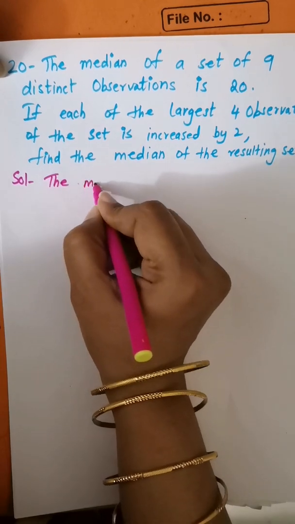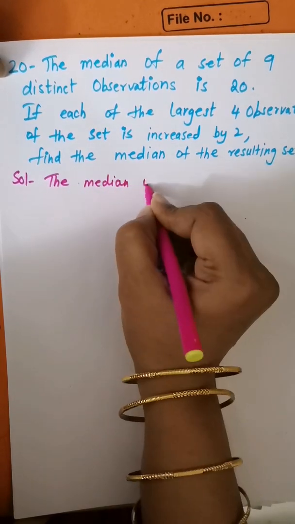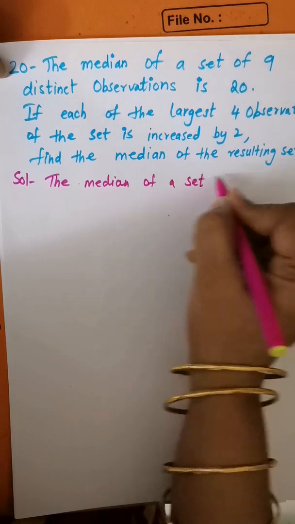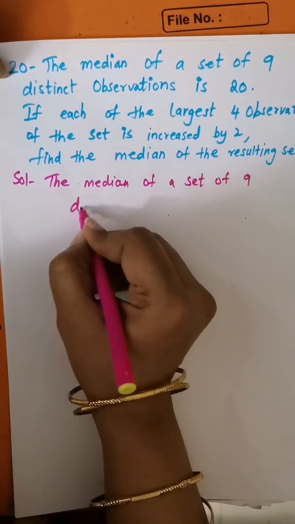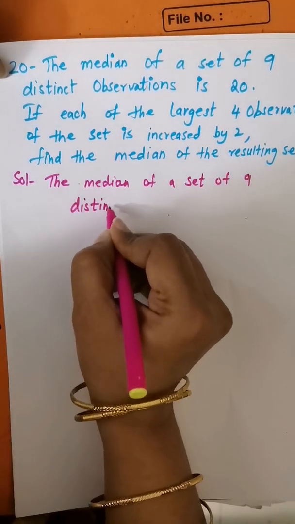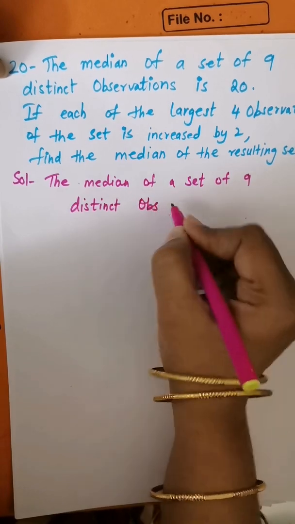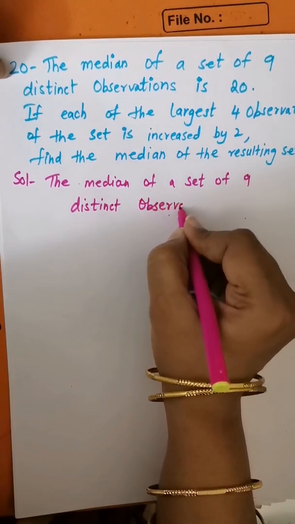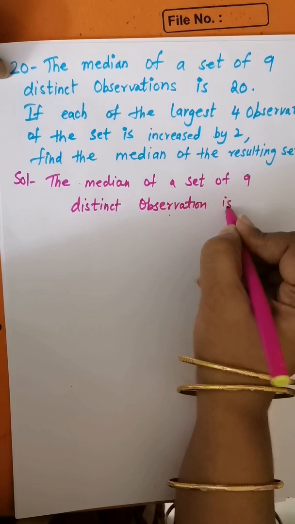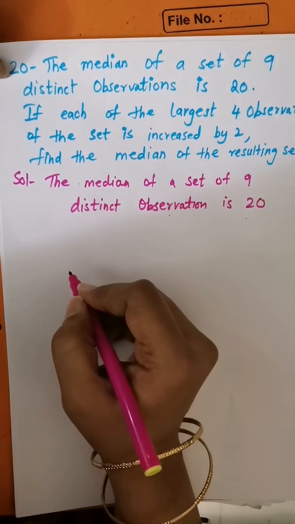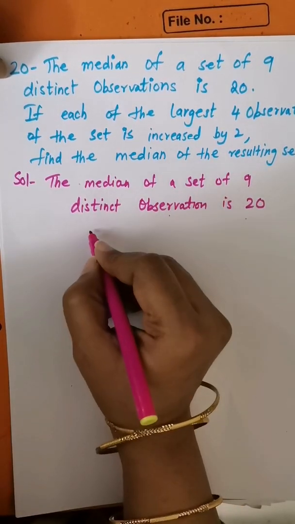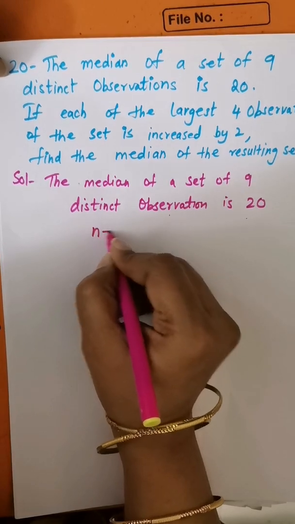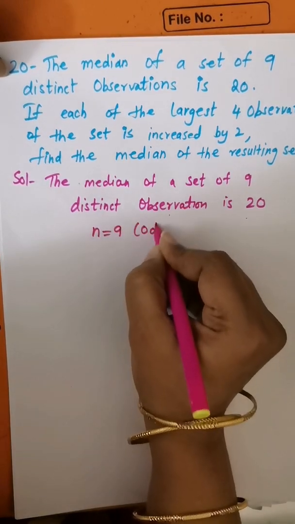Now the median of a set of 9 distinct observations is 20. 9 distinct observations means n is 9. That means odd.